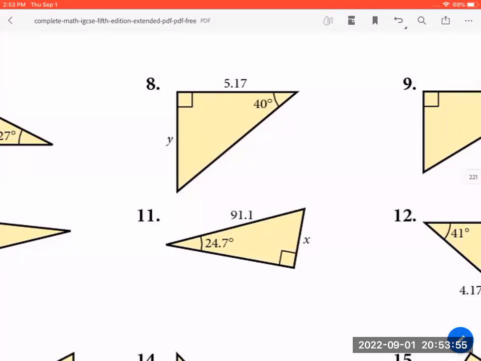Okay, Miss, I finished. I'll send it to you. Okay, send it to me. When you send it, just let me know. Yeah, I sent it.